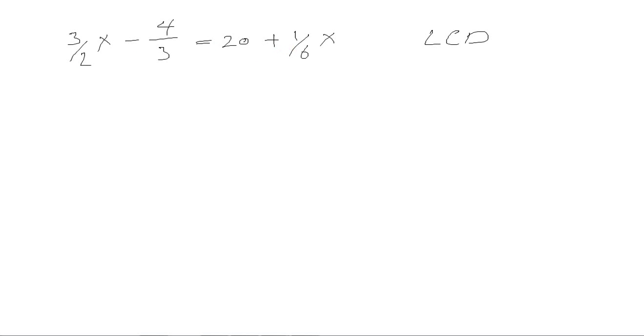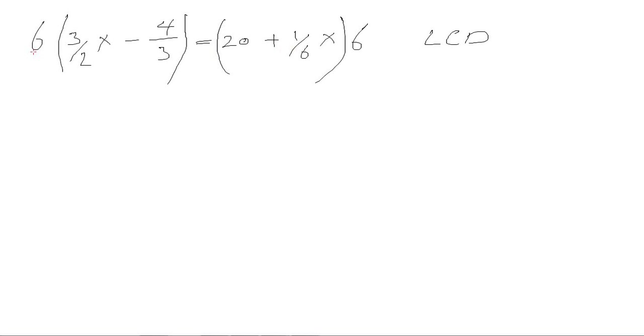So what I need to do here is multiply both sides of this equation by 6 first. I multiply this side by 6 and also this side by 6, because 6 is the least common denominator among 2, 3, and 6.